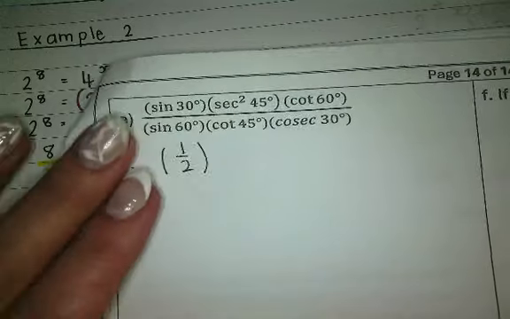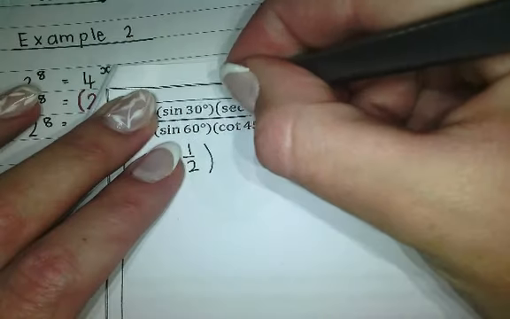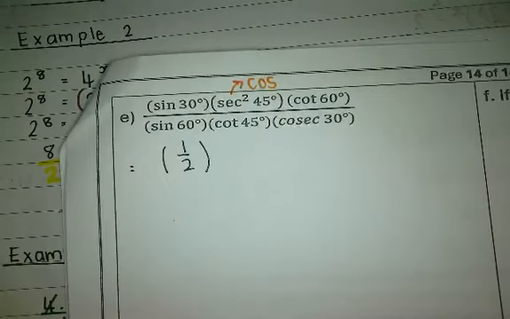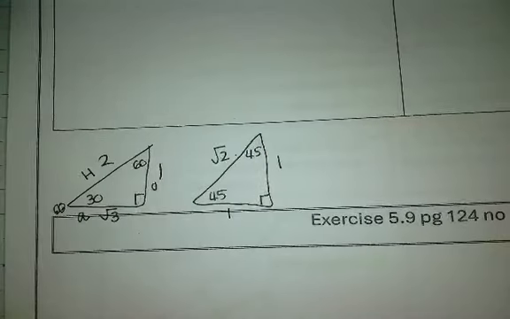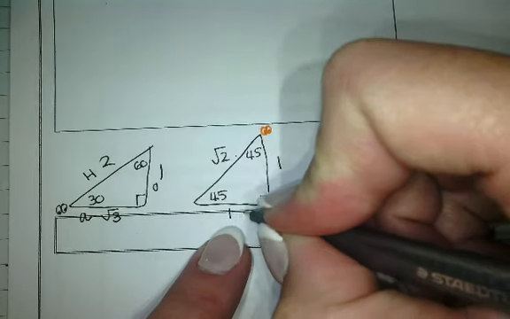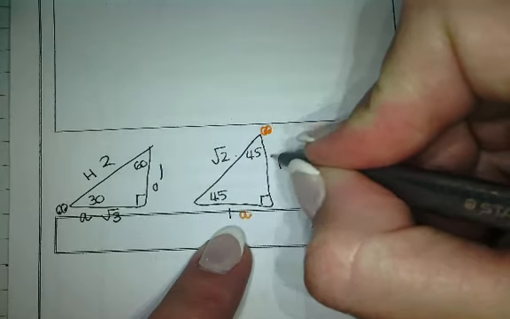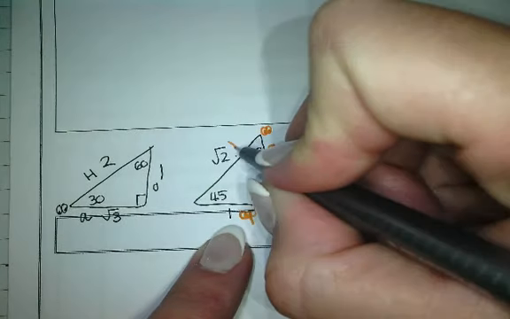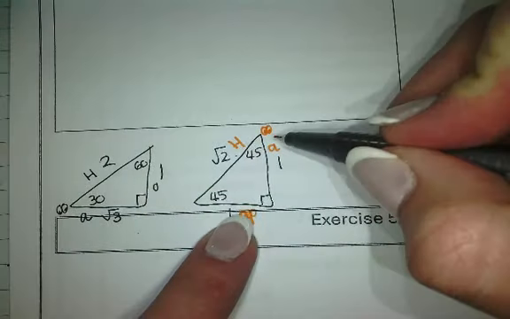Okay, so we know sec is the reciprocal for cos, right? So we're going to go get cos 45 and then we're just going to swap it around. So cos 45, let's just say we're looking from here. Adjacent, opposite and hypotenuse.